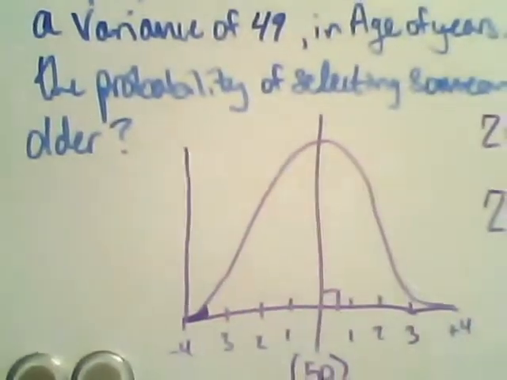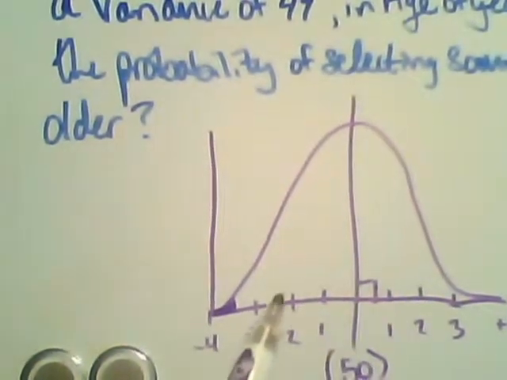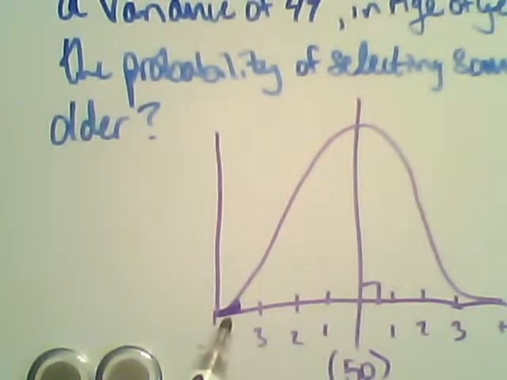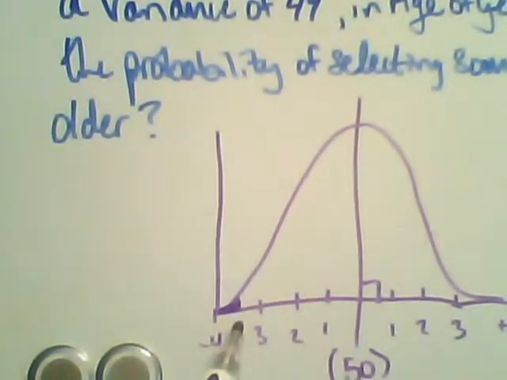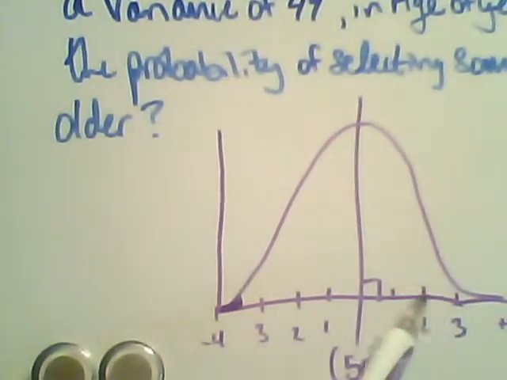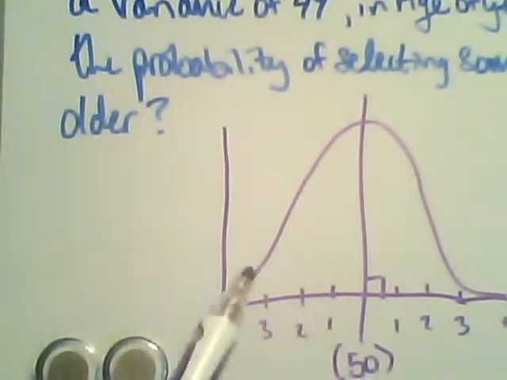So if you were to stop there on an exam, you would get it wrong. You'd probably just get half credit because the problem said, what is the probability of selecting someone that is 25 years or older? Based on our table, what we found that's shaded was the probability of getting someone that is between the age of 0 to 25. So the probability of getting someone from 25 and older is all this area that is unshaded.